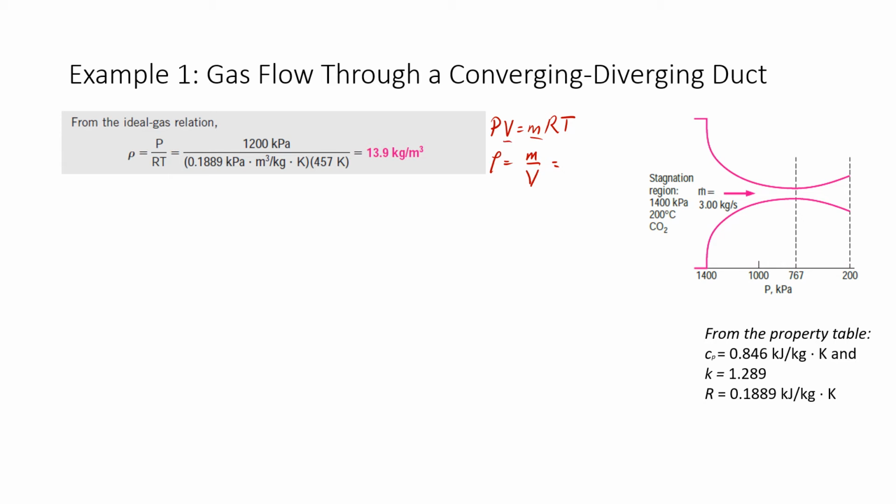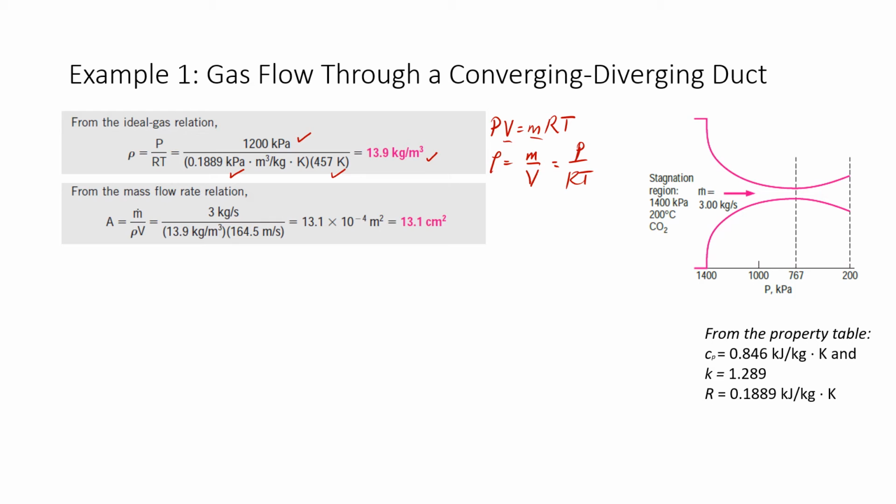Rearrange this and you get P over RT. So density equals P over RT. We have the pressure, we have the gas constant, we have the temperature that we found just now, and we get the density of the gas. This is a very high density. Okay, it has been compressed.